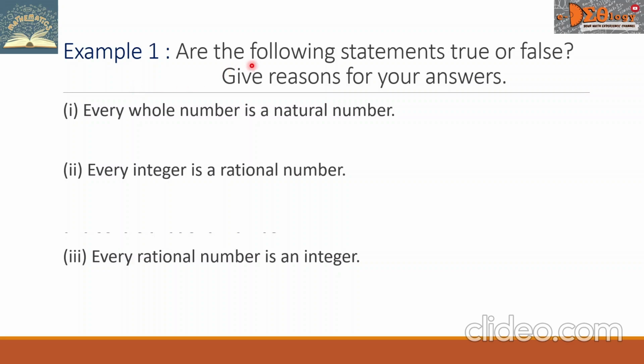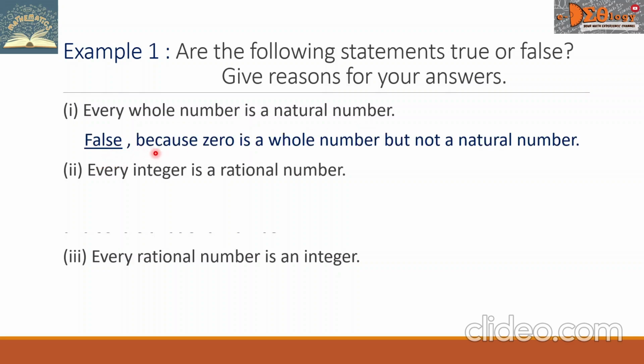Example 1. Are the following statements true or false? Give reasons for your answers. Statement 1. Every whole number is a natural number. This is false because 0 is a whole number but not a natural number. Second statement. Every integer is a rational number.